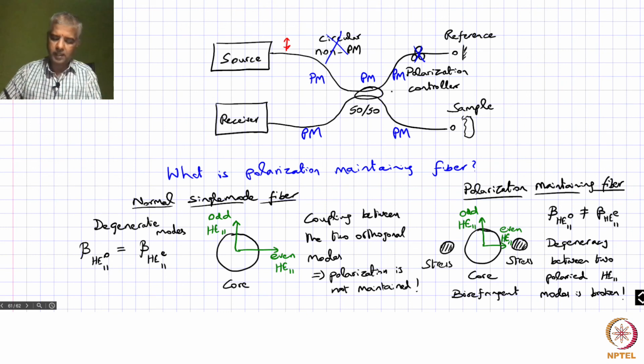If we go back and look at an arrangement like this, this fiber is environmentally susceptible, meaning if there are changes in temperature or if there are changes in pressure or strain, then that changes the refractive index of the fiber, and through that you actually change the phase of the light that's propagating through the fiber.